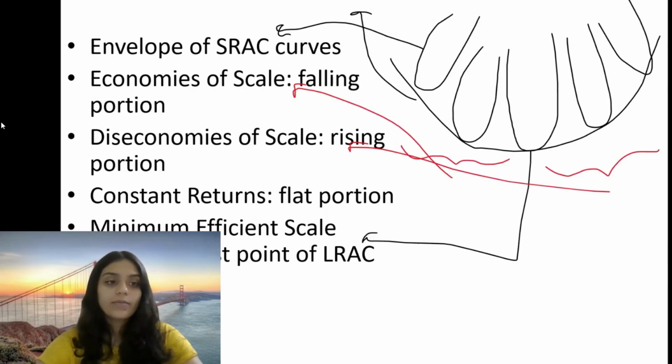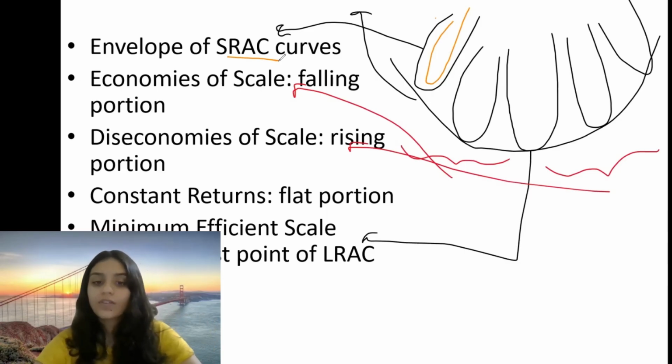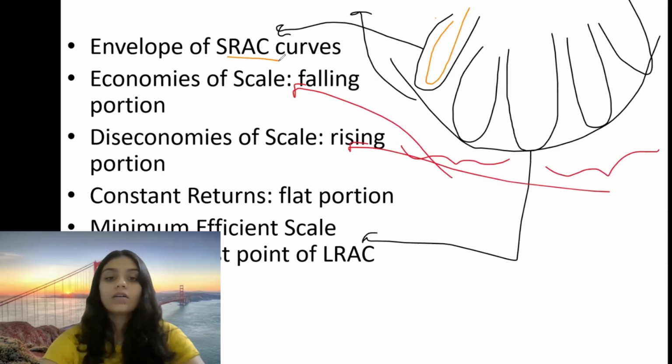Now, if you see, this U shape is a short run average cost curve. The short run average cost curve is always U shaped. It shows the average cost of producing at a given plant size or capacity. In the short run, at least one of the factors is fixed.